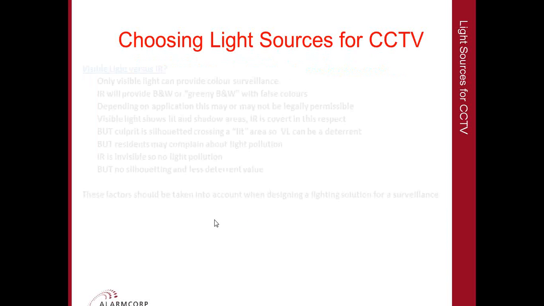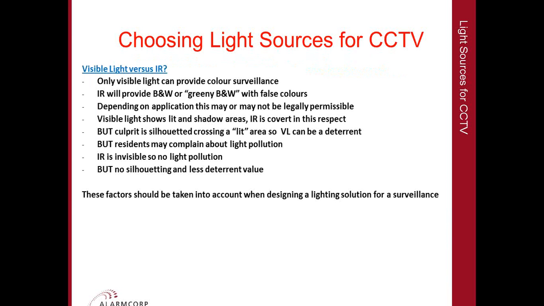Now, visible or infrared? Only visible light can provide color surveillance. Infrared will provide either black and white or a greeny black and white with false colors. Now, depending on application, this may or may not be legally permissible. Visible light shows you which areas are lit and which areas are in shadow, which can aid an intruder because he knows where to hide. Infrared light is covert in this respect, because you cannot see which areas are illuminated.